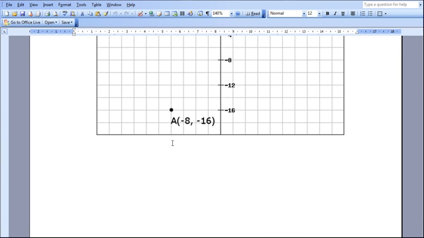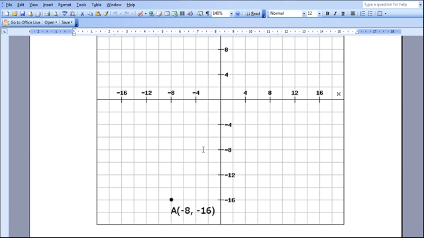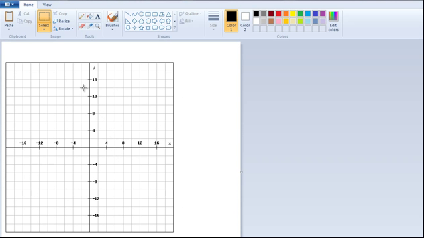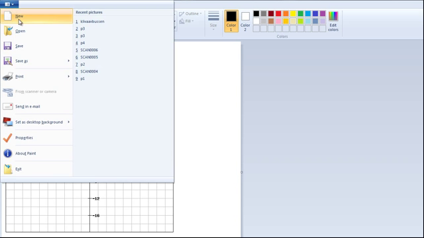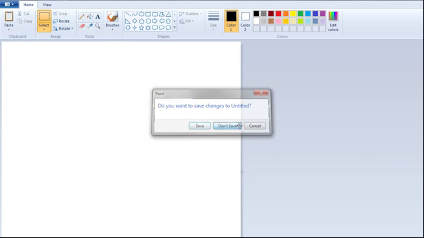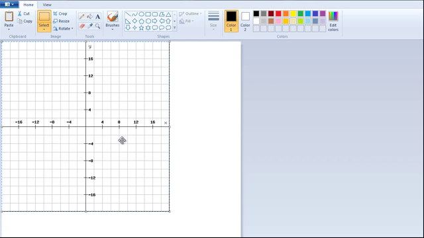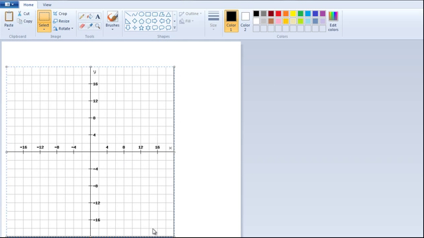This is a little more work. Let's open up this one in Paint. So, what do we have to do here?